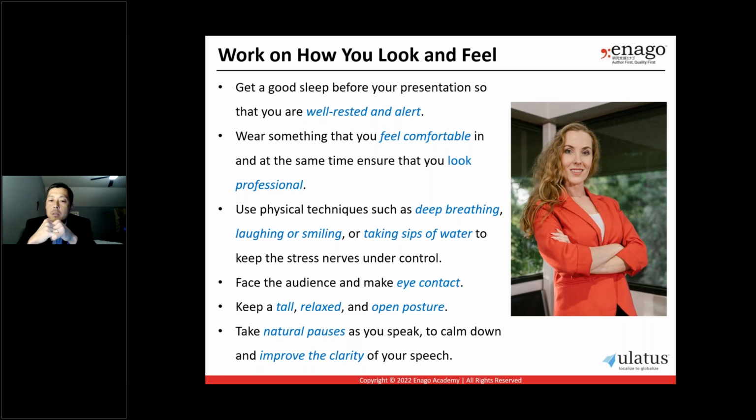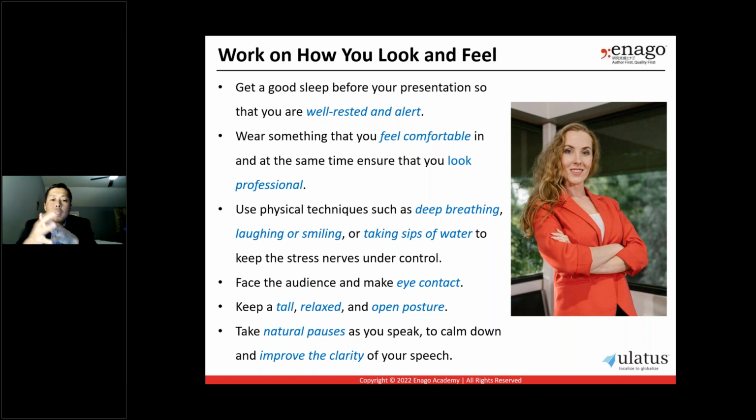There are some techniques to help you calm down, like deep breathing, laughing and smiling. There's something called the power pose, where you can stand in front of the mirror, put your hands on your hips, and just get a very straight posture, and that also helps your confidence and keeps you calm.